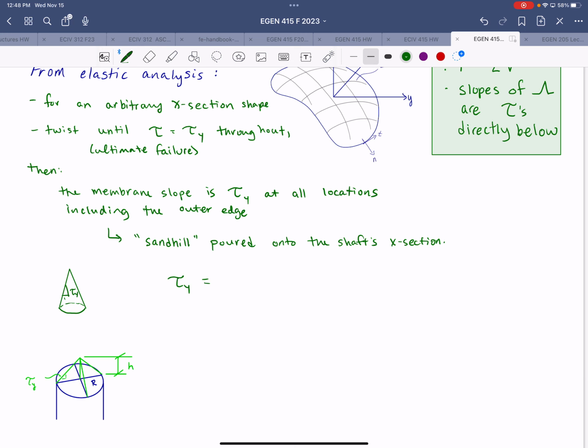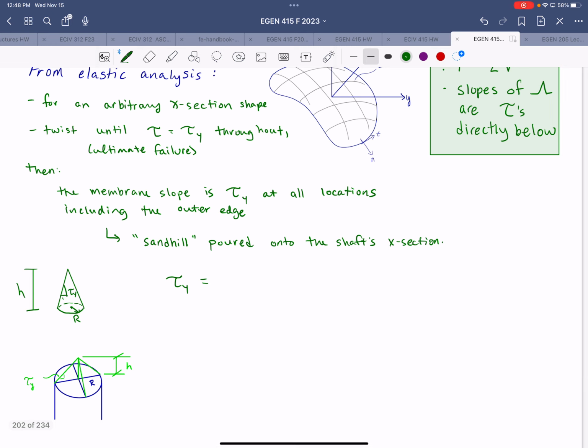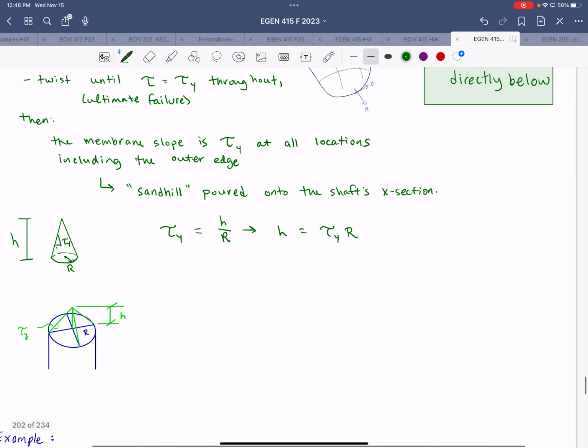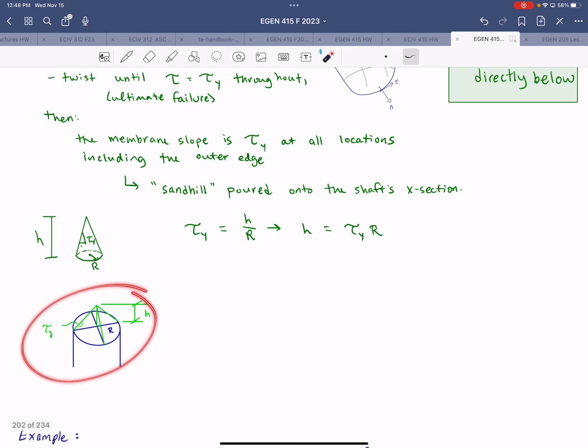So the yield stress would be equal to h over r, that's your height, radius r, or h is equal to shear stress times capital R. And that's shown down here as well for a circular cross-section. So the torque associated with that condition, we'll get there.